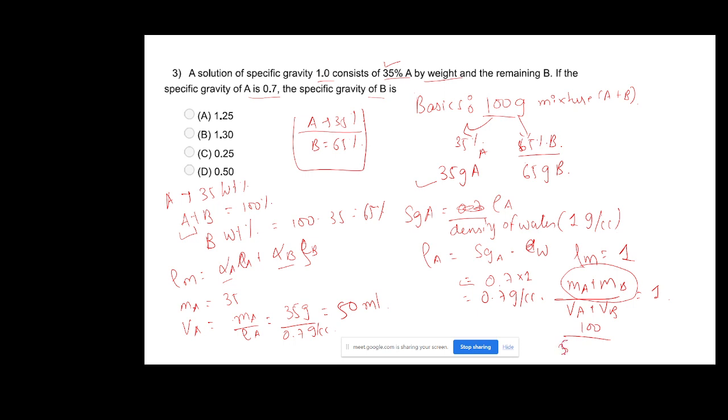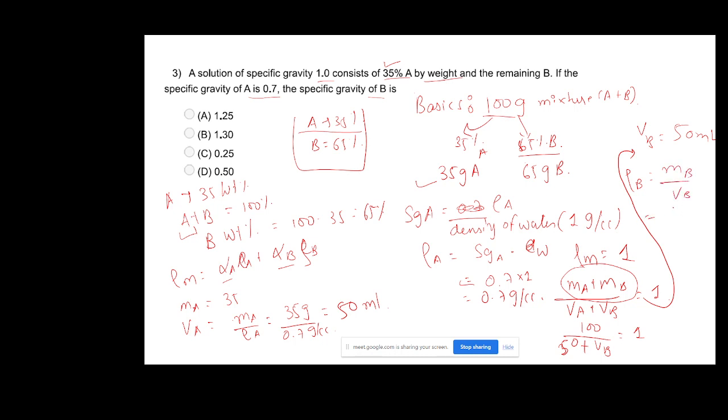Now we know VA is 50, and VB is to be calculated, and the total volume equals 100. So VB comes out to be 50 ml.